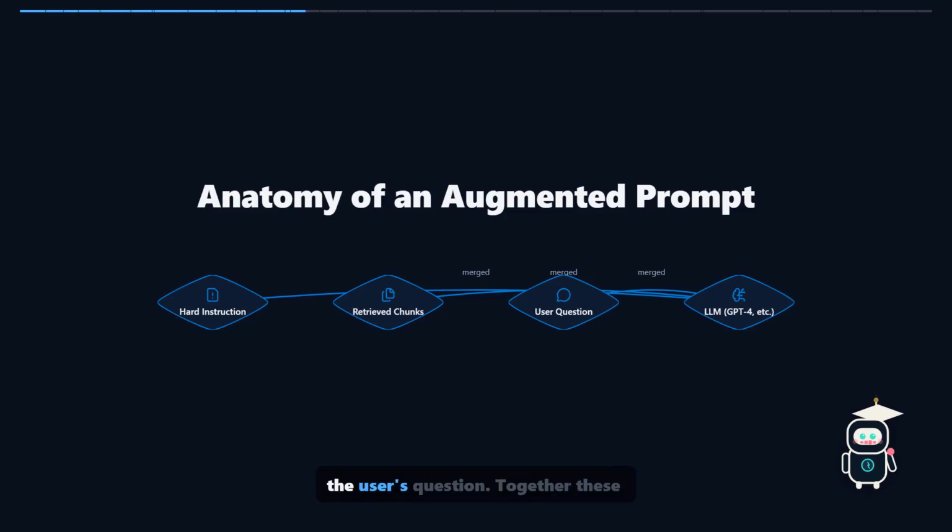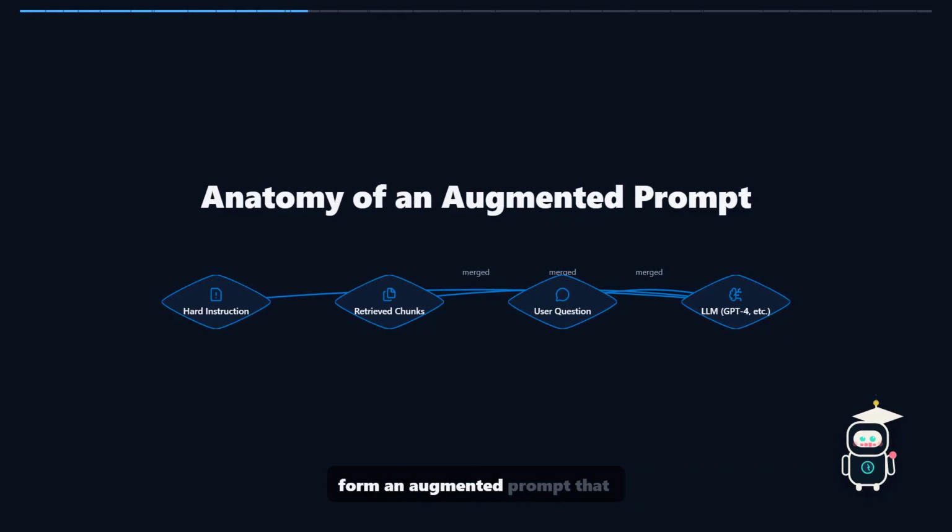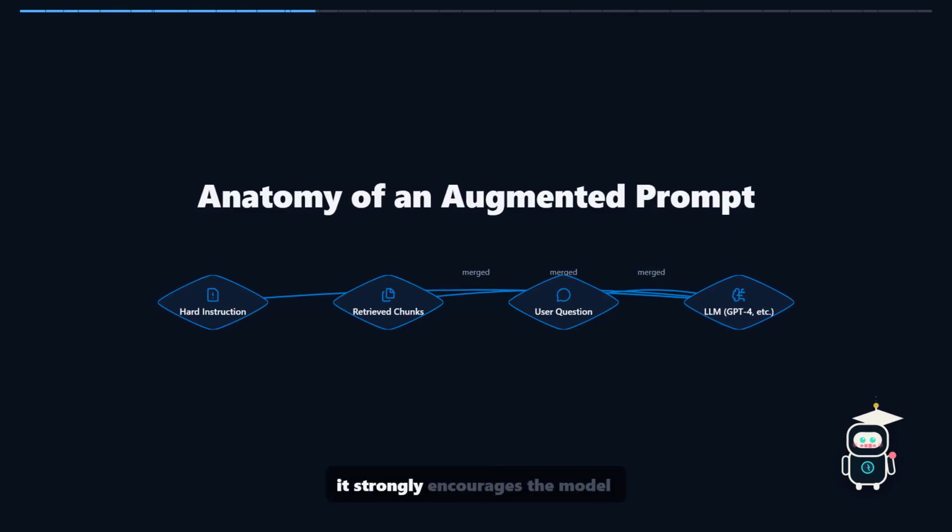Finally comes the user's question. Together, these form an augmented prompt that gives the language model both instructions and evidence before it generates an answer. The prompt doesn't guarantee perfect accuracy, but it strongly encourages the model to rely on retrieved information instead of guessing from memory.